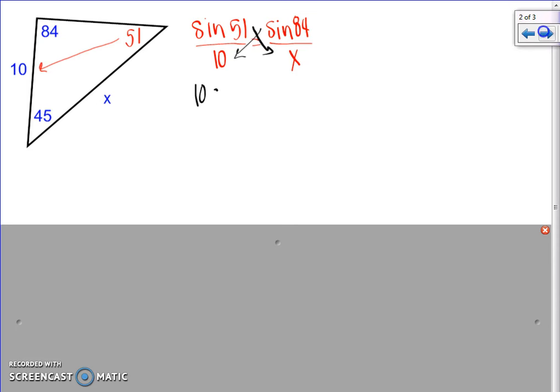All right, so we've got 10 sine 84, and it's always good to put the coefficient in the front and not at the end so it doesn't look like sine of 8,410. Let's put the 10 in front. Get x sine 51, and get x alone by doing what? We divide. Okay, now make sure you close the parenthesis around the 84 when you punch that in.